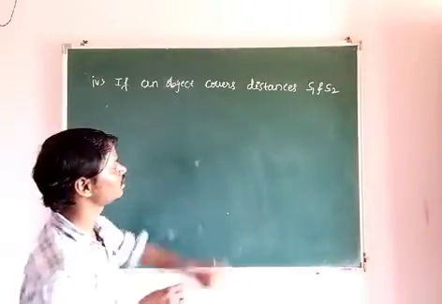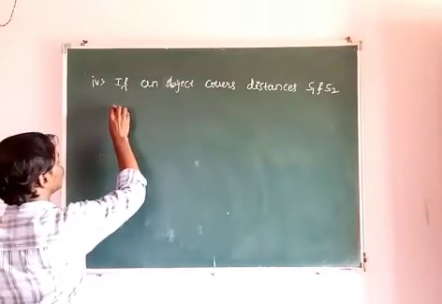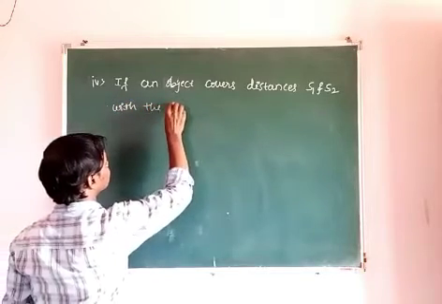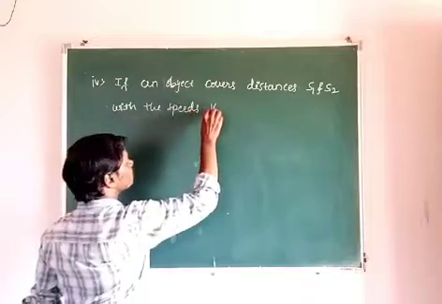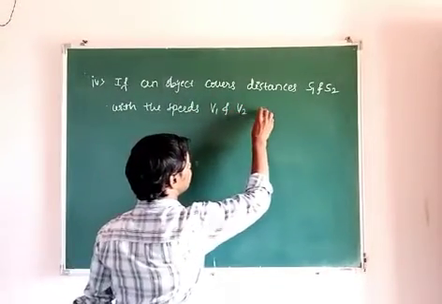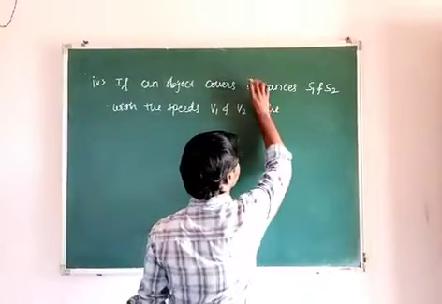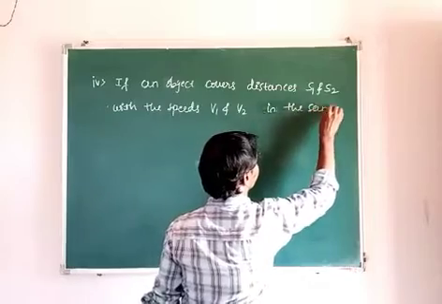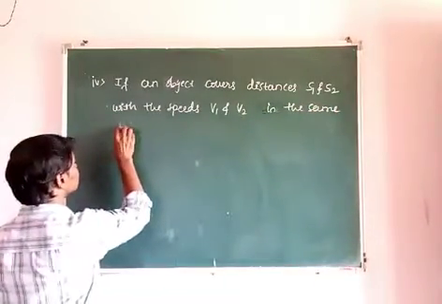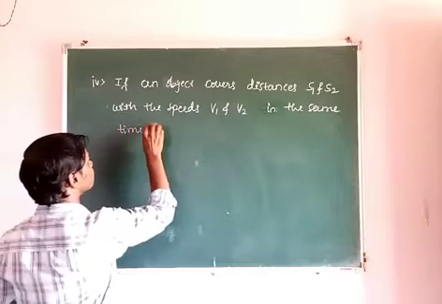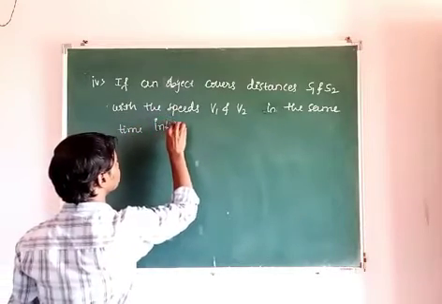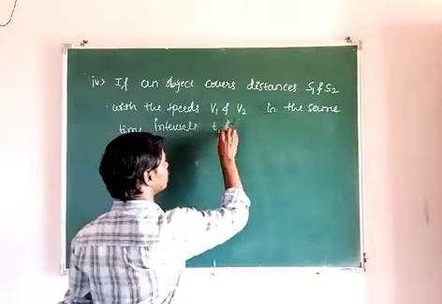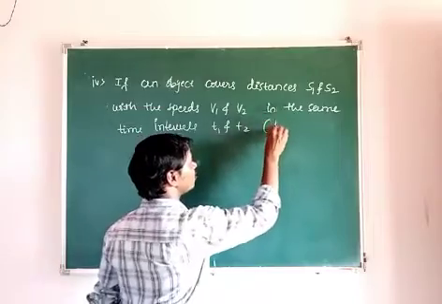If an object covers distances S1 and S2 with the speeds V1 and V2 in the same time intervals, T1 and T2, same time intervals means I will write T1 is equal to T2.